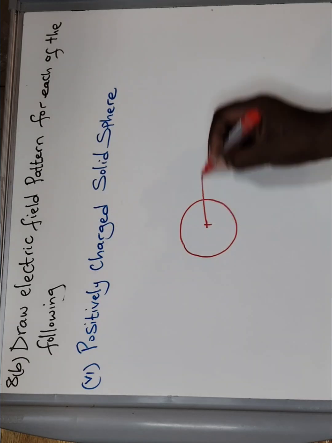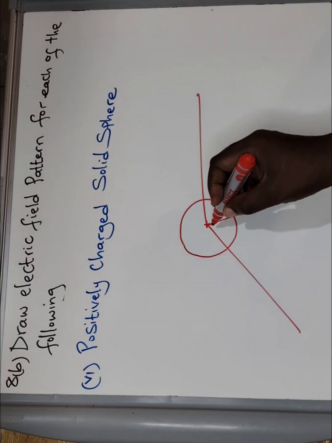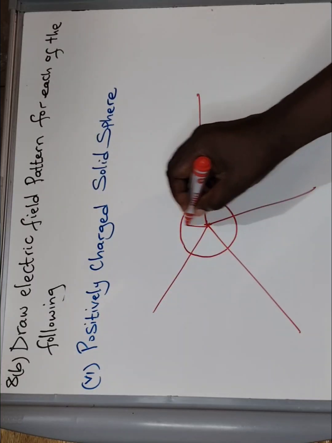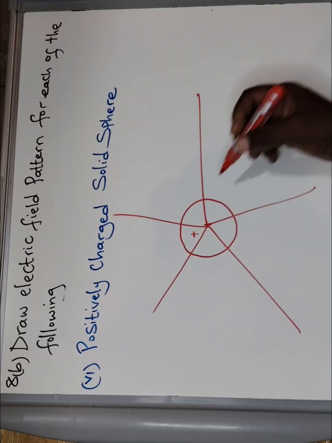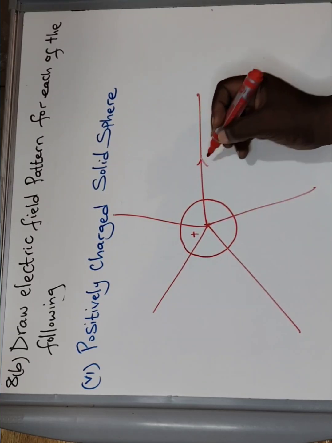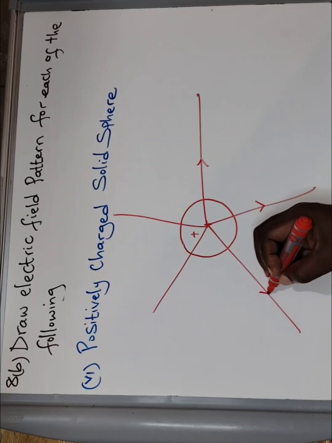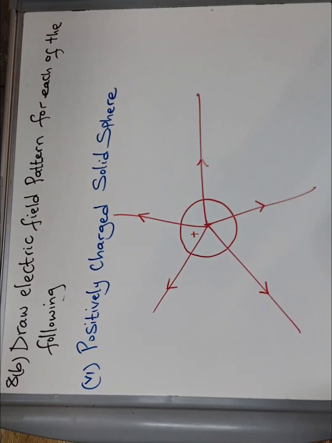They come out from the sphere directly outside like that. And because it's positively charged, what can we say? That when you put a positive charge here, it will go outwards. So that's what happens for a positively charged solid sphere.